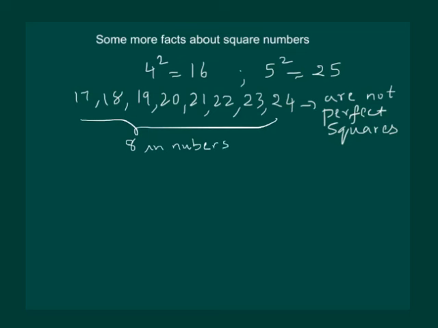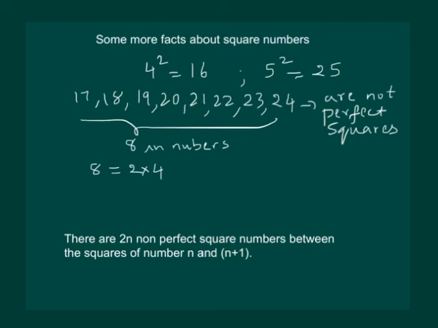We also know that 8 can be written as 2 into 4. That means if we take 4 as n, then 5 will be n plus 1 and 8 is equal to 2 times n.